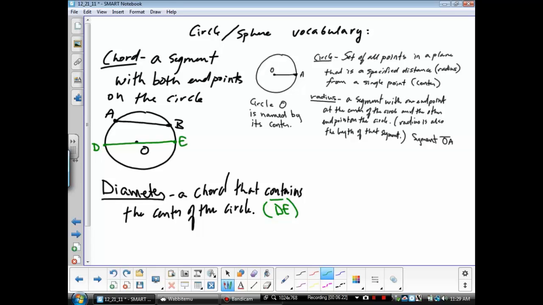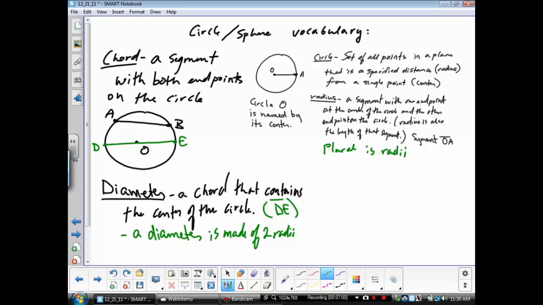Now, another thing about a diameter is made up of two radii. A diameter is made of two radii. Plural of radius is radii.